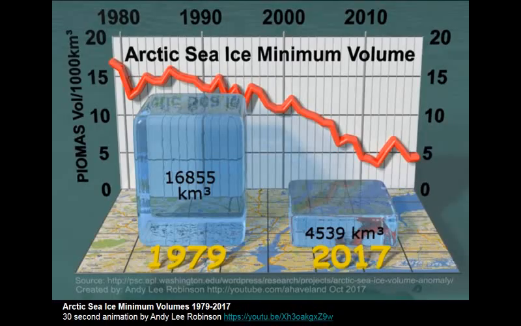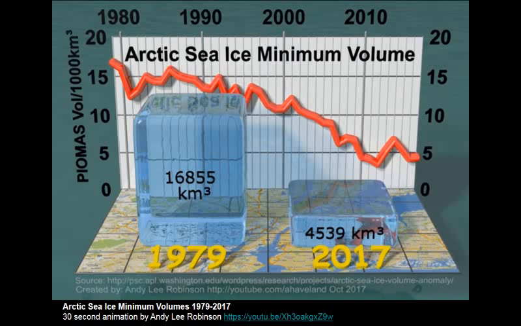So this is, I won't play it, it's a little 30-second clip. If you want to, you can go and click on the link in the slides. But it shows the volume, so the area of sea ice is one thing. But something that researchers are pointing out is that the area isn't the only thing, it's the total volume of sea ice. So most of the sea ice now is very thin rather than meters thick.